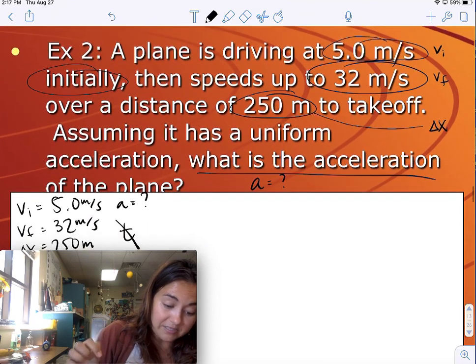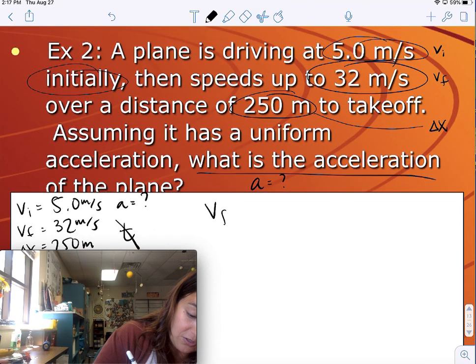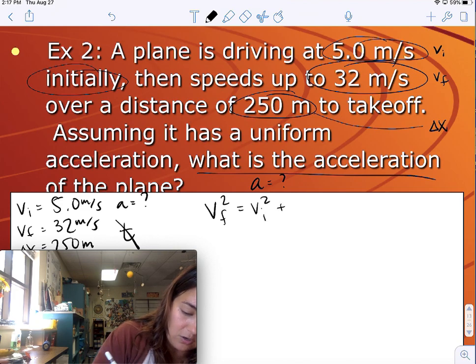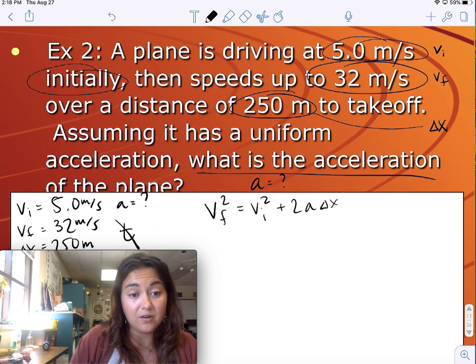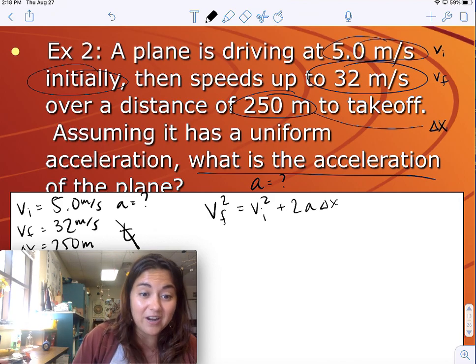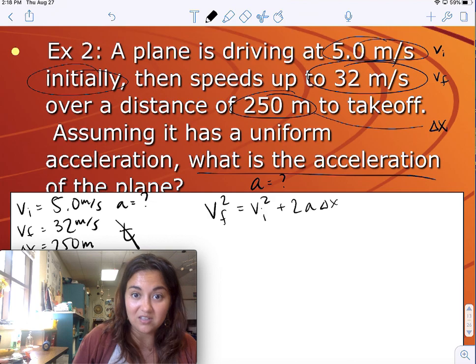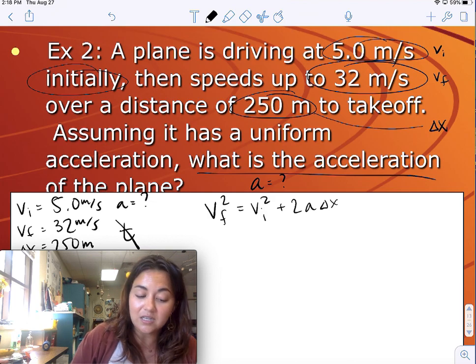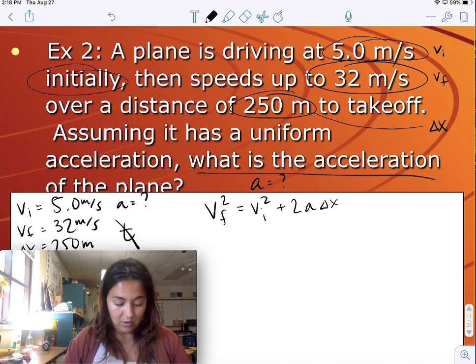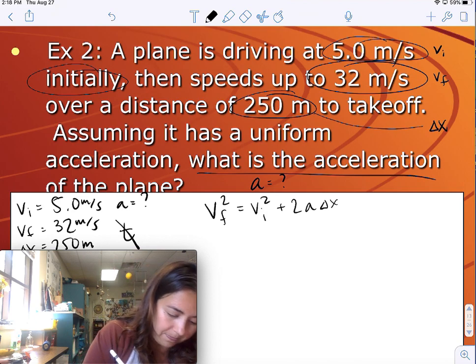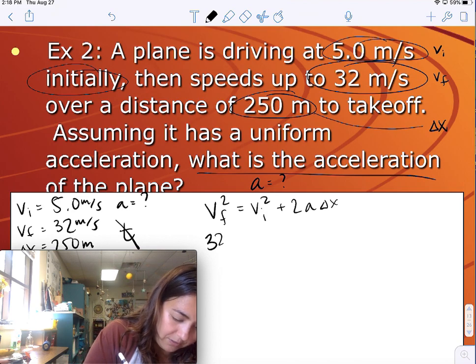So my next tip for you is to be sure to copy the equation down correctly first. I see so many people make the mistake of copying down half of one equation and half of the other, or forgetting a squared or something, and then they don't get the answer right even though they plugged everything in correctly, because they didn't have the equation written down correctly. So now I have 32 meters per second.